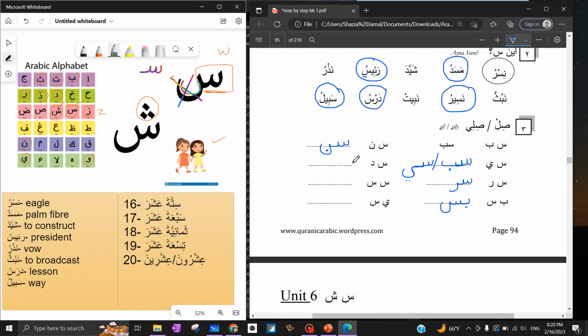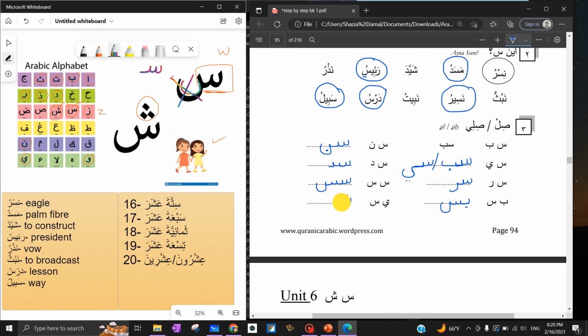So seen and dal, seen and the tail of dal, that's it. Seen and seen, tail of seen, and again seen is final and connected, seen in full form.